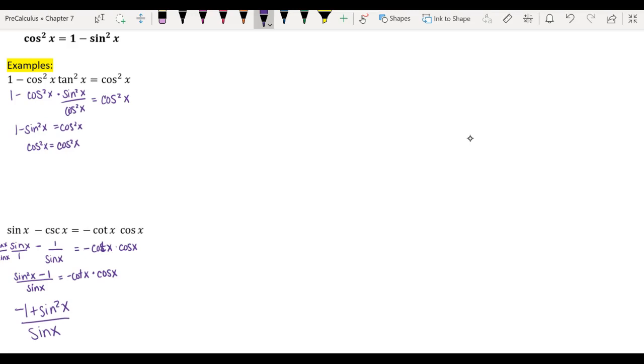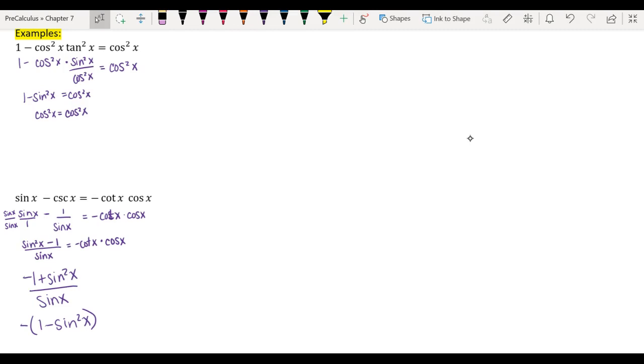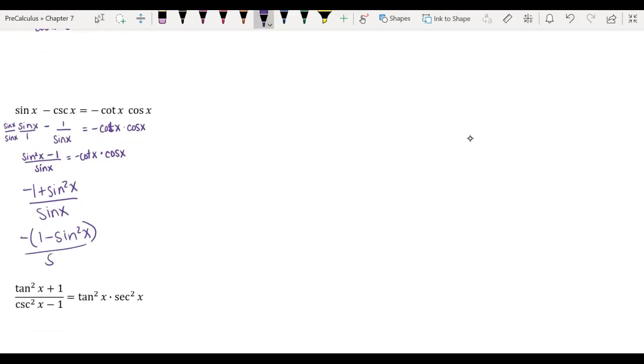And so when the signs are switched, it means that it's going to be a negative 1 minus sine squared of x. Okay, so it means that I can factor out that negative. Factor it out, opposite of distribution. So if I factor it out, do you guys see if I distribute it back in, I'd get back to here? Okay, so if your signs are different, but it matches what you see up there, you can pull out a negative, which is where this negative is going to come from. Does that make sense? So usually if you see a negative on this side, you're going to have to do this factoring piece. So then, this is over sine of x.